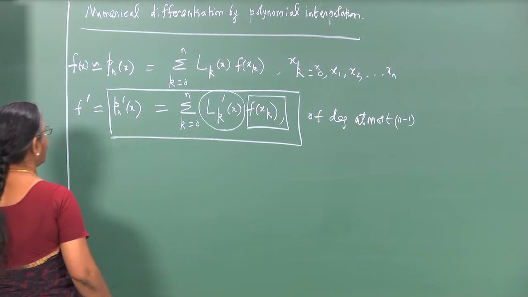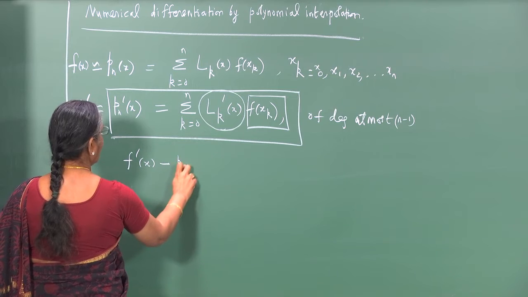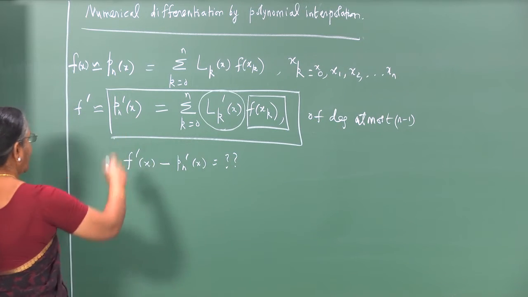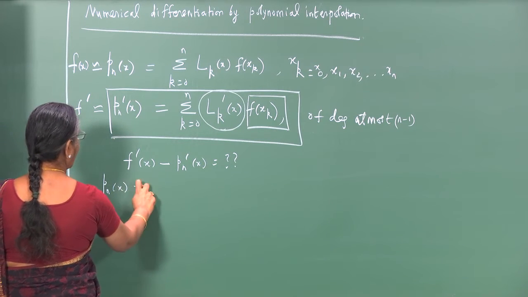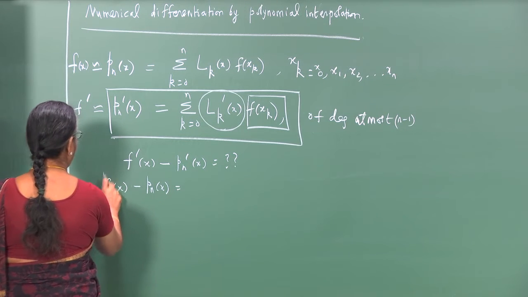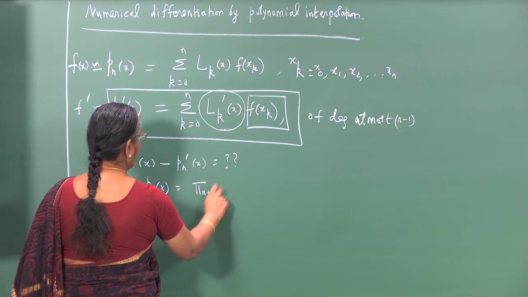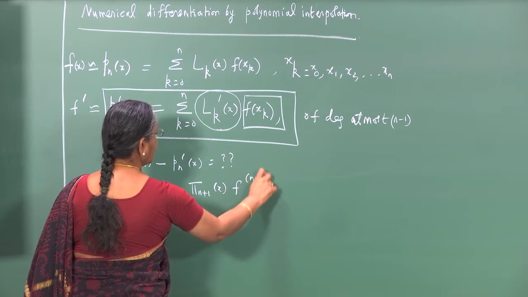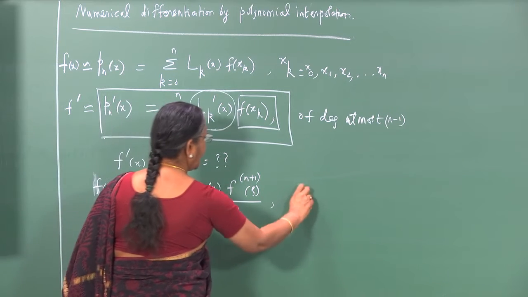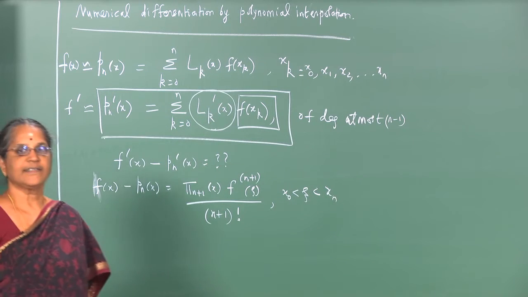So, the question now is, what is going to be the error in such an approximation? We already have an expression for the error in interpolation, namely f of x minus Pn of x is given by pi n plus 1 of x into the n plus 1th derivative at some point psi by n plus 1 factorial, where psi lies between x0 and xn when f satisfies certain conditions.